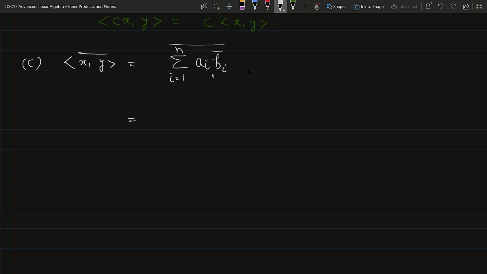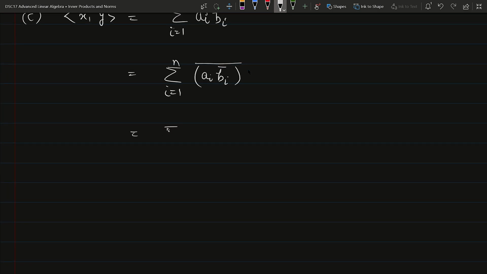Now because bar distributes over addition, you can say bar of addition is addition of bars. So what I mean is that i is equal to 1 to n and you need to take bar of the summands. So what I'm saying, bar of sum is equal to sum of bars. Okay. Now this is equal to summation i is equal to 1 to n and we can write this as ai bar and bi bar of bar.